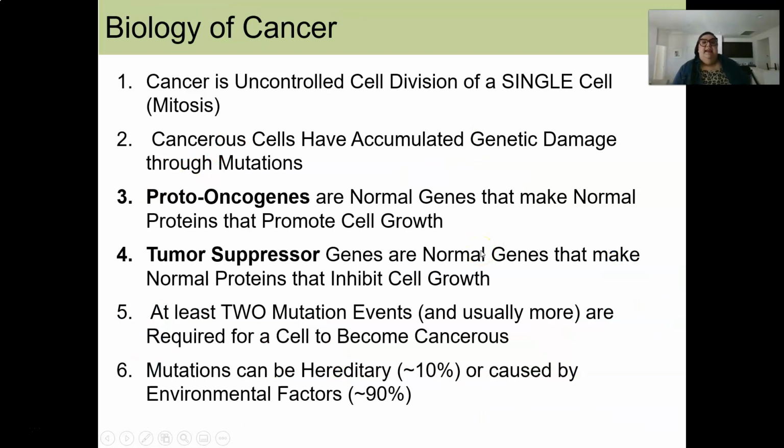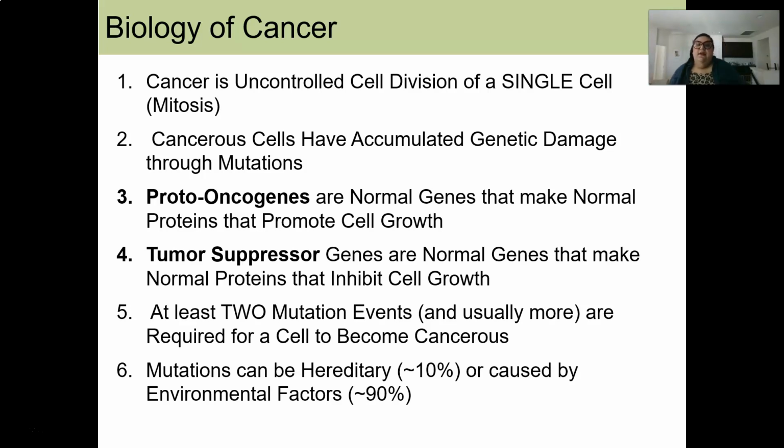So the biology of cancer, it really takes these 6 things. Cancer is an uncontrolled cell division of a single cell. Cancers have accumulated genetic damage through mutations, right? And I showed you 2 mutations. And really, a lot of the mutations are in these 2 genes: proto-oncogenes, which are responsible for normal cell growth, and tumor suppressor genes, which are responsible for inhibiting cell growth.